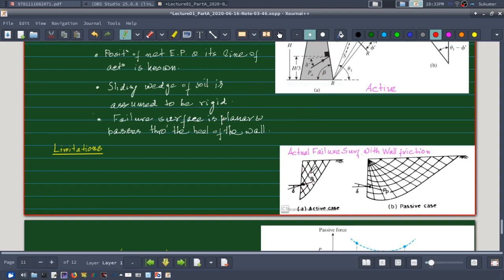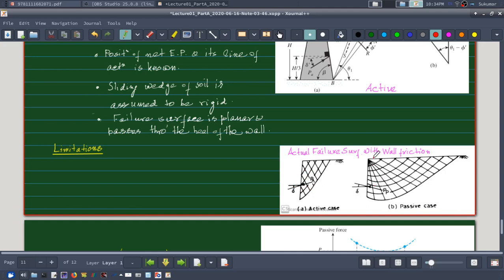The actual earth pressure will depend on this true failure wedge, and this true wedge is curvilinear towards the bottom of the wall, that means near the heel, and since the amount of curvature is less in case of active earth pressure, Coulomb's theory gives good results in case of active earth pressure.